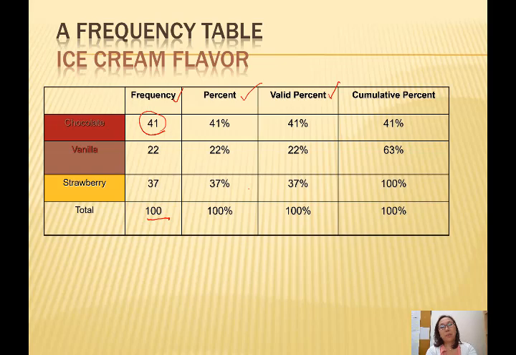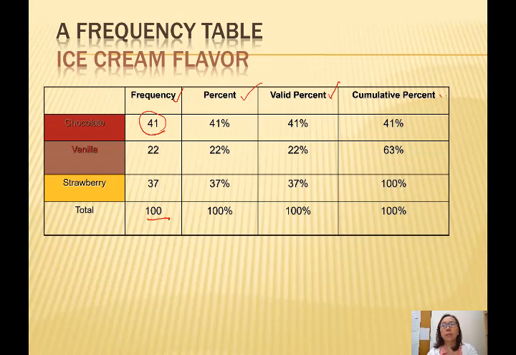Their favorite is maybe Rocky Road and it's not listed. Then valid percent would be calculated based on the valid number of responses. So if one person skipped this question, valid percent would be calculated based on 99 people being 100%. So you'll see a little bit of a discrepancy between valid percent and percent in that case.